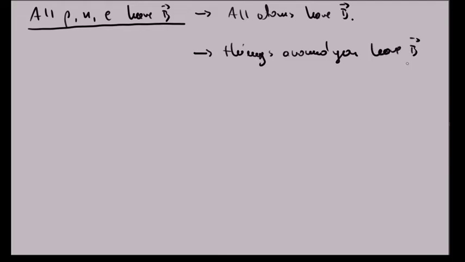And you would say, surely that's not true. For example, a piece of wood is not magnetic, or a glass in a window is not magnetic.